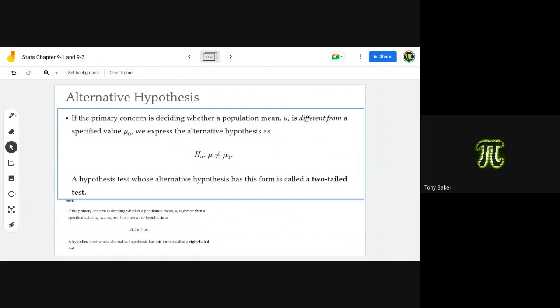This would be a 2-tailed test. Okay, that's very important because we're looking at both sides. We're saying it's not equal to, that means it could be in either direction. So we're trying to determine if the mean is different from what they've stated it is. And as long as it's different, that's a 2-tailed test.